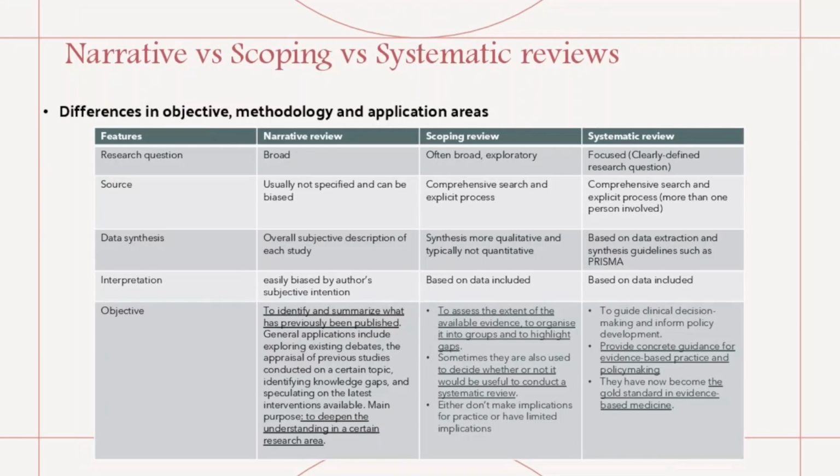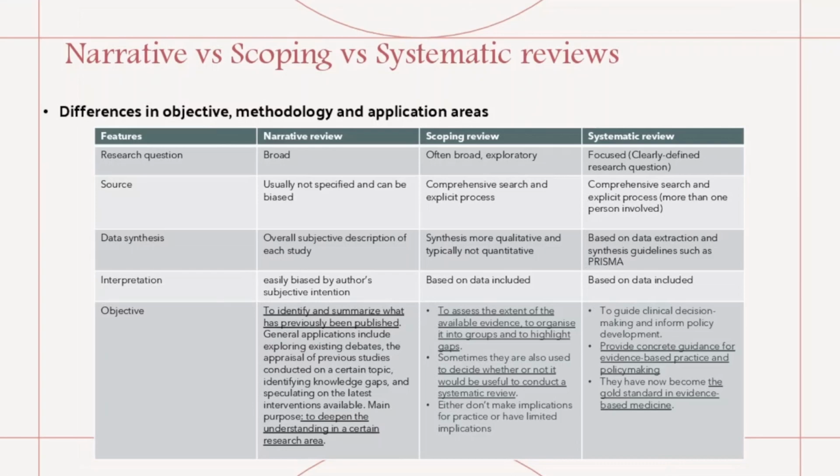Then, if we were to climb the stairs of evidence-based medicine, we would find scoping reviews, which are pretty similar to narrative reviews in the sense that they still answer a broad question, but their data synthesis and interpretation is more objective and less subjective compared to narrative reviews, meaning that the synthesis is still qualitative, but not like the one of narrative reviews, and the interpretation is based on the data that is included, and it is not based on the subjective interpretation of the authors, as is the case of narrative reviews.